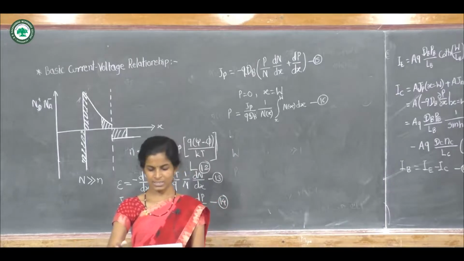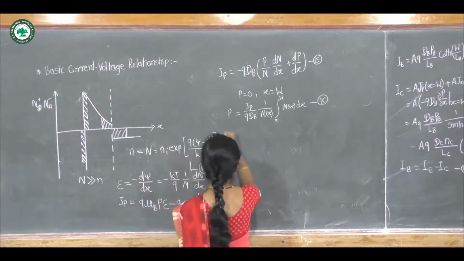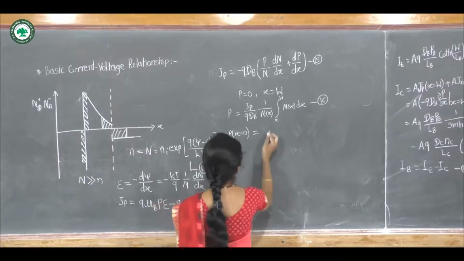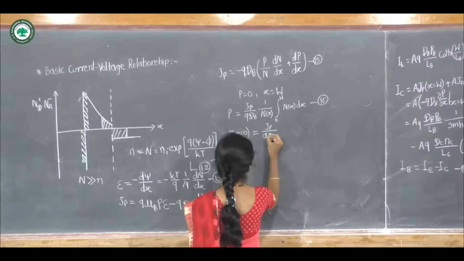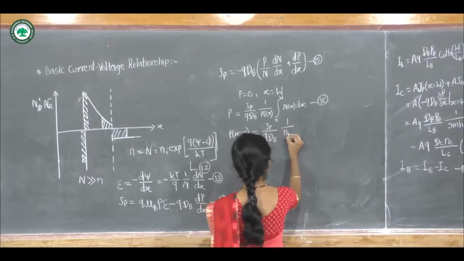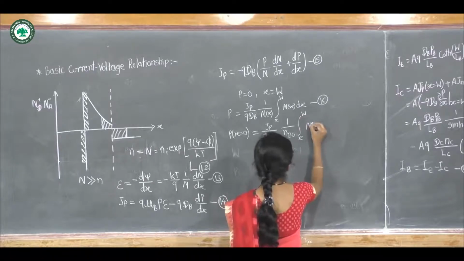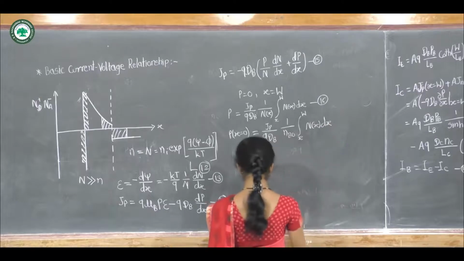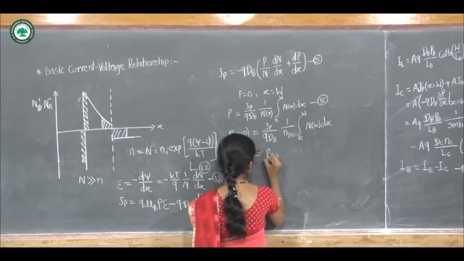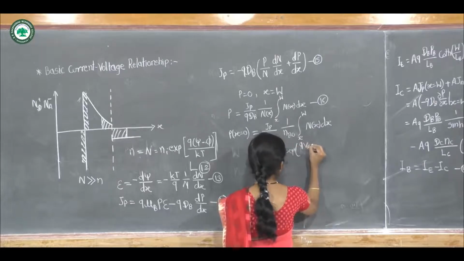So the hole concentration at x is equal to 0 is given by P at x is equal to 0, which is equal to Jp upon Q into D_p into 1 upon N_B0, integration over 0 to W of n of x dx, and which is nearly equal to P_B0 into exponential of Q into VEB upon kT.